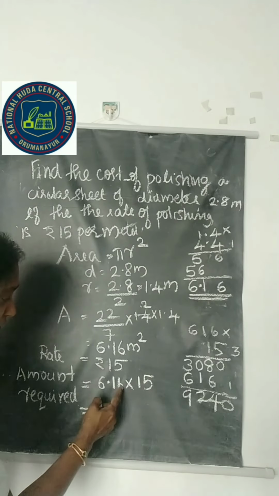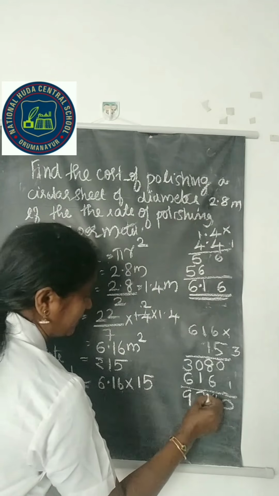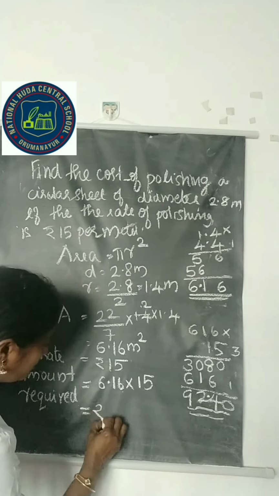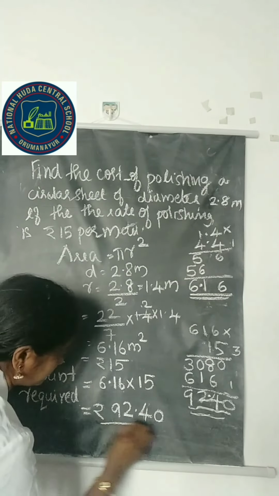So the answer is rupees 92.40. So this is the amount required for polishing this circular sheet.